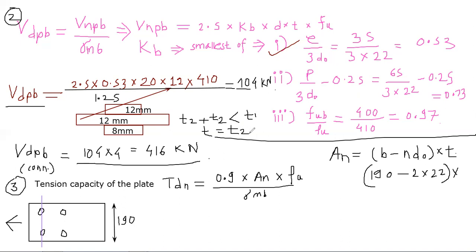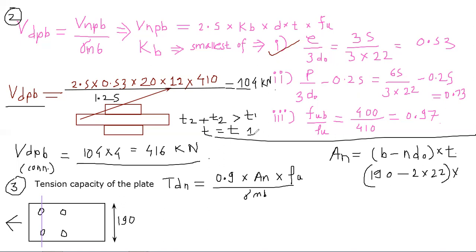That is, the formula here is (B minus N D0) bracket complete multiplied by T. That T will be equal to T2, meaning the smallest value. But if it is not so, if T2 plus T2 is equal to or greater than T1, then in such case your T will be equal to T1. T will be equal to T1.